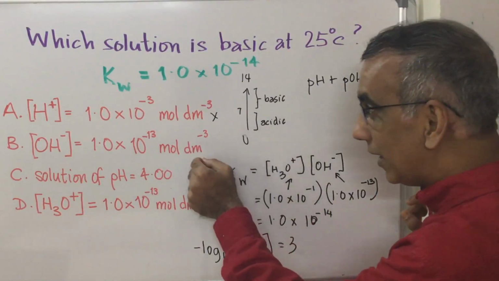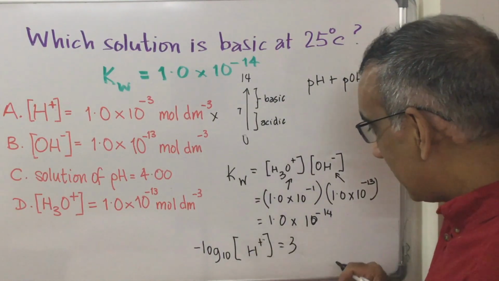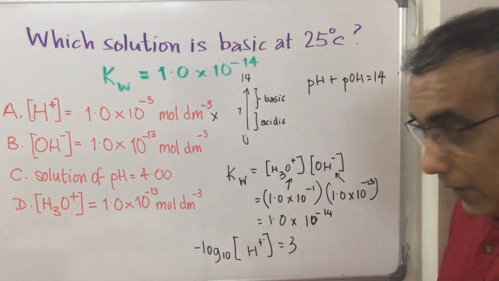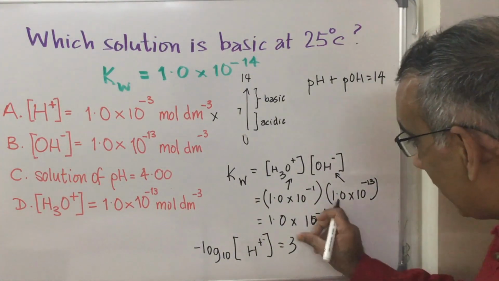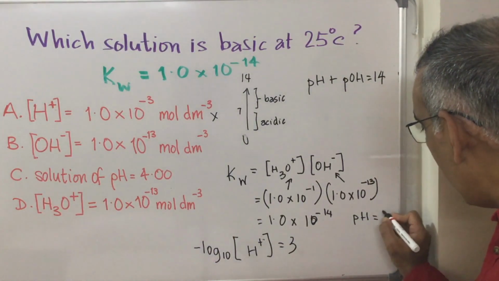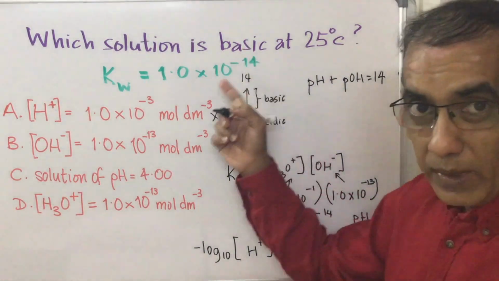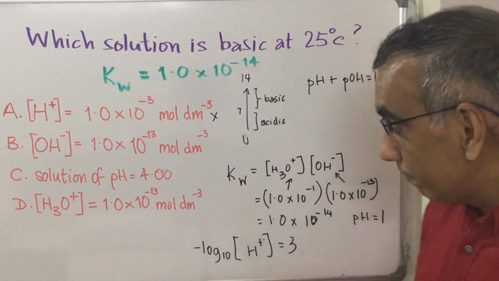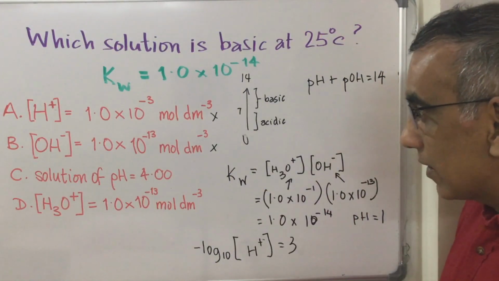So effectively here, the pH is going to be the negative log to the base 10 of the hydrogen ion concentration, which happens to be 1.0 by 10 to the negative 1. So that would give you a pH of 1 for this. And a pH of 1 is definitely not basic. It's very acidic. So this cannot be your answer.